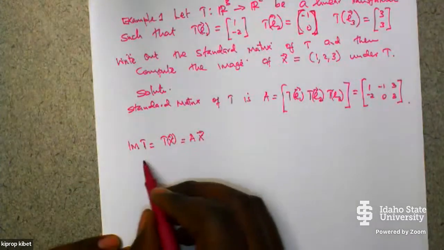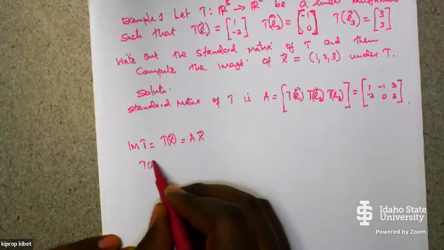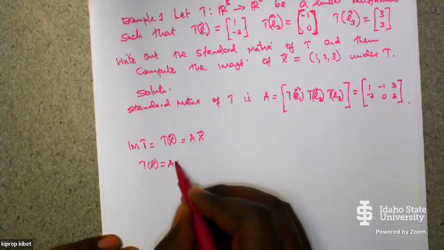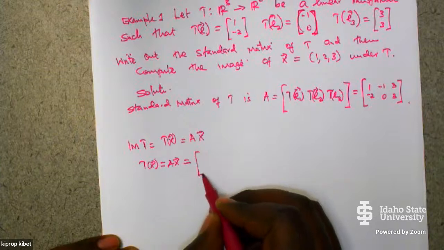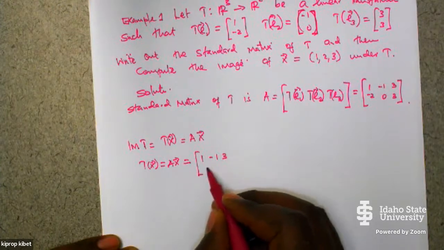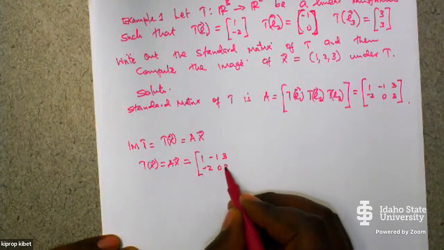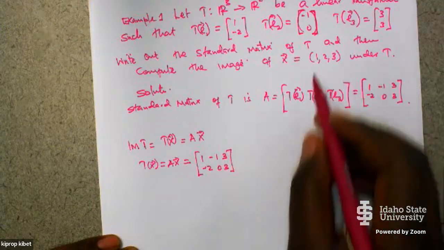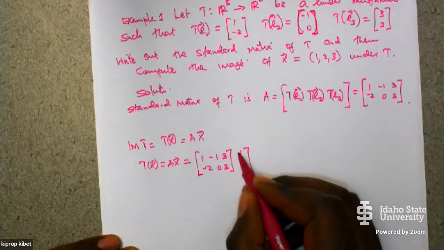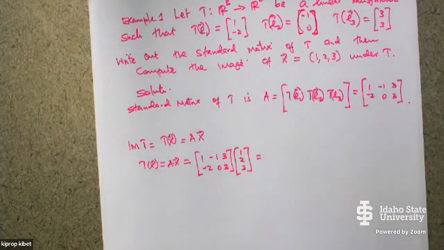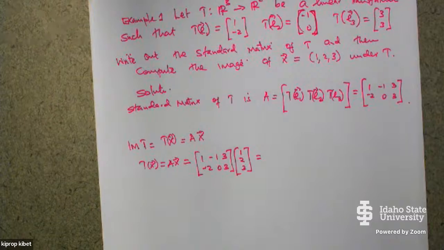So our T of X, which is the same as AX, is equal to this matrix here, 1, -1, 3, -2, 0, and 3, and then we multiply by our X there, which is 1, 2, 3.